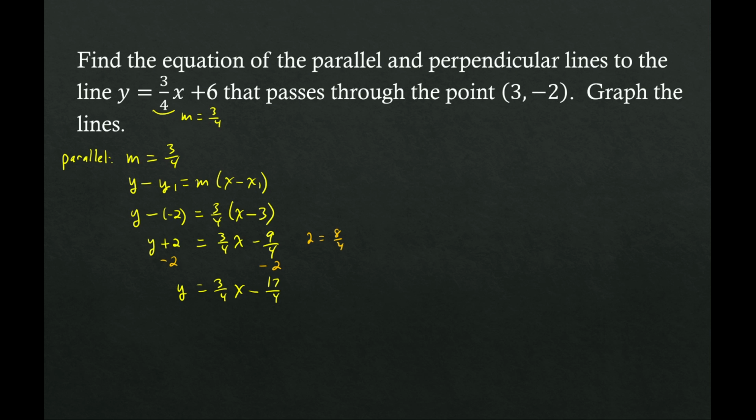Now do the same thing with the perpendicular line. The slope for it will be the negative reciprocal, so flip the 3/4 and make it negative, negative 4/3. Then using the point-slope form again, y minus a negative 2 is going to be equal to negative 4/3 times x minus 3.